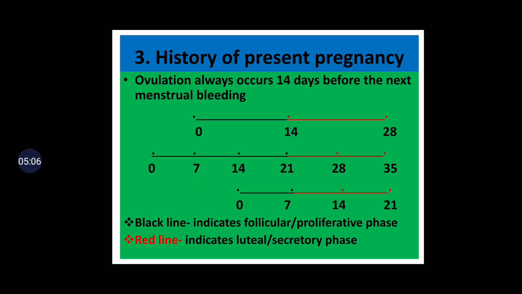In all scenarios, the red line, which represents luteal phase of the ovary and secretory phase of the endometrium, is constant, whereas the black line, which indicates follicular phase of the ovary and proliferative phase of the endometrium, is variable depending on the cycle length. Because we calculate expected date of delivery from day 0, as the cycle length tends to be longer, the EDD will be longer. As the cycle tends to be shorter, the EDD will be shorter.